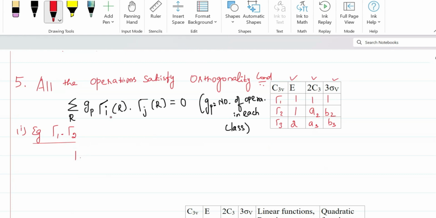what is the character of the first irreducible representation under E? This is 1. So 1 into 1 into the character of the jth irreducible representation, the next irreducible representation under E. This one, so 1.